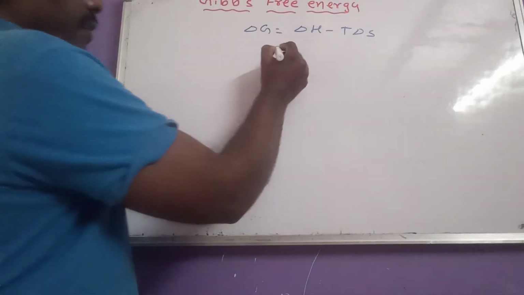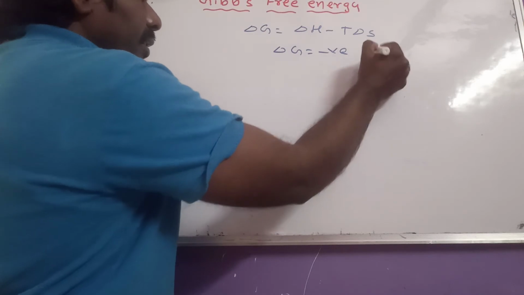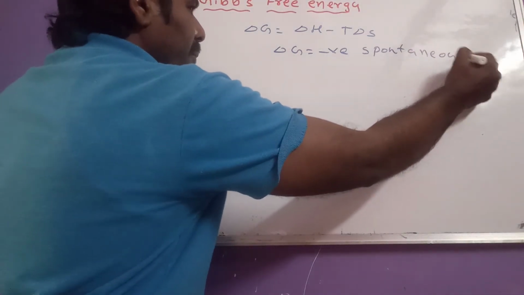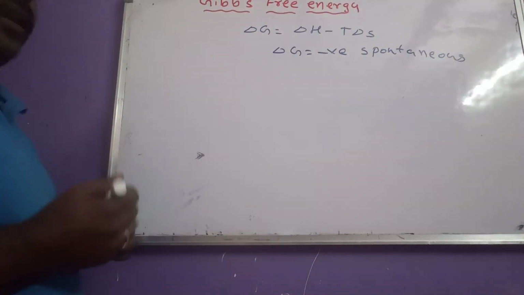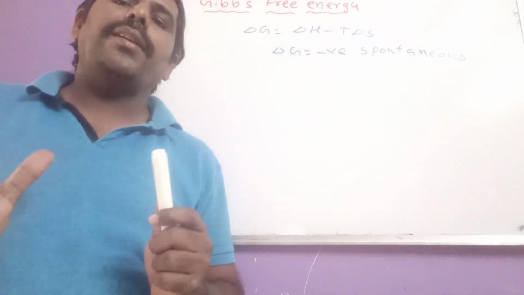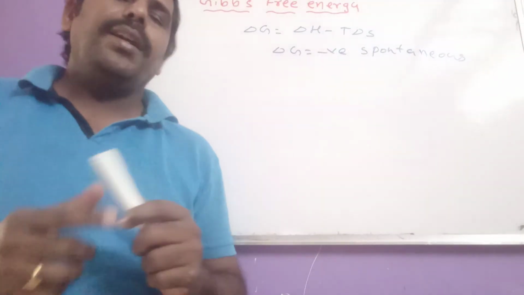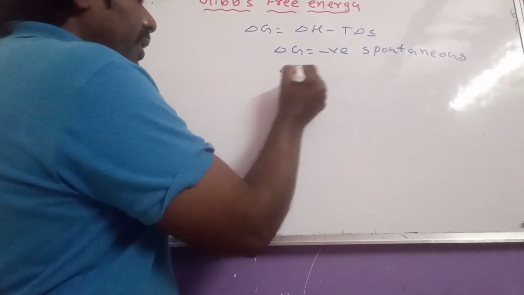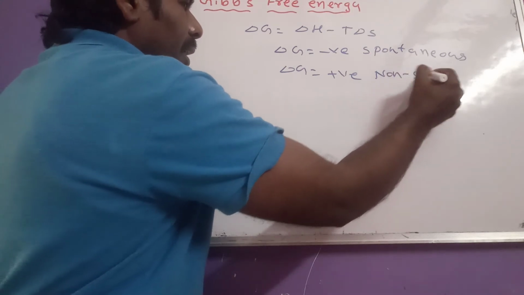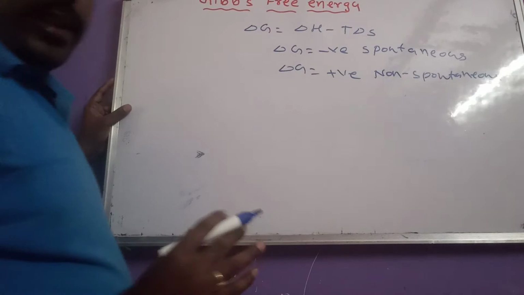For any reaction, if delta G is negative, that reaction is said to be 100% spontaneous. Delta G negative is a necessary condition for spontaneity. If delta G is positive, the reaction is said to be 100% non-spontaneous, no doubt at all.